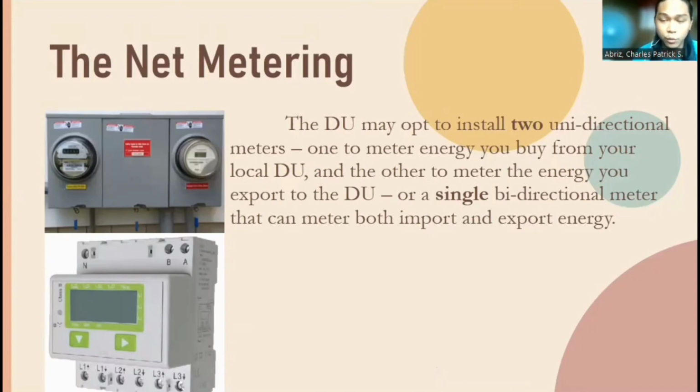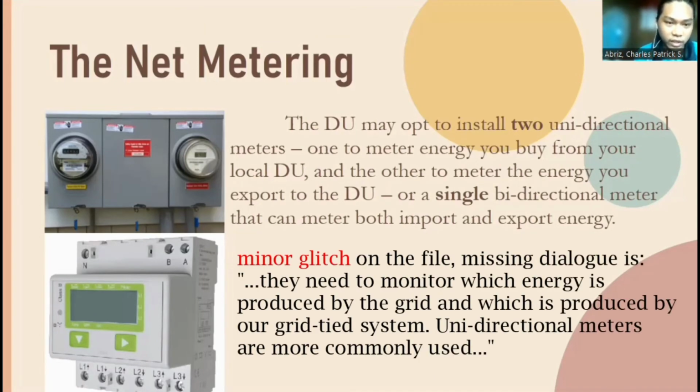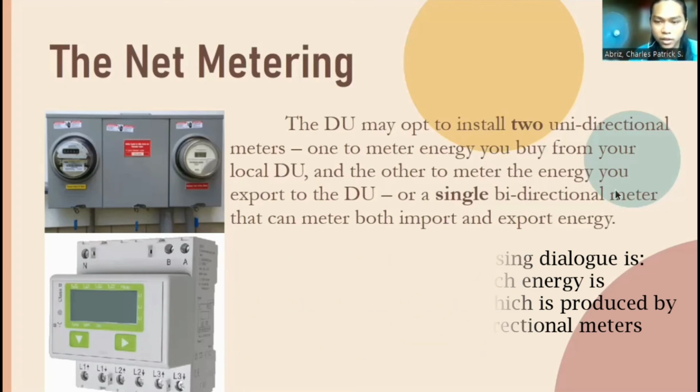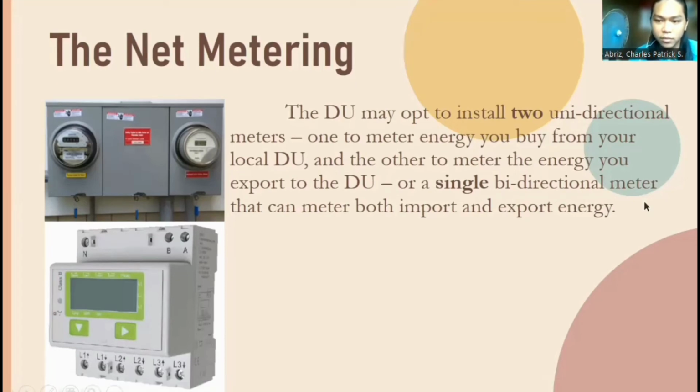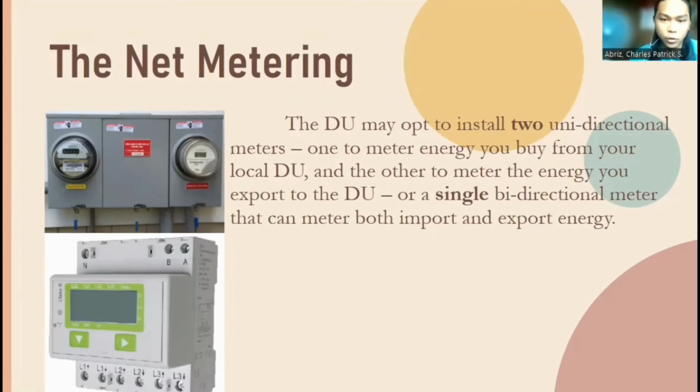Because distribution utilities need to monitor which energy is produced by the grid and which is produced by our grid tie. The single bidirectional meter, which can meter both import and export energy, is most commonly used because it's more economical. But either way, the meters mentioned will replace the current meter you have once you apply for net metering.